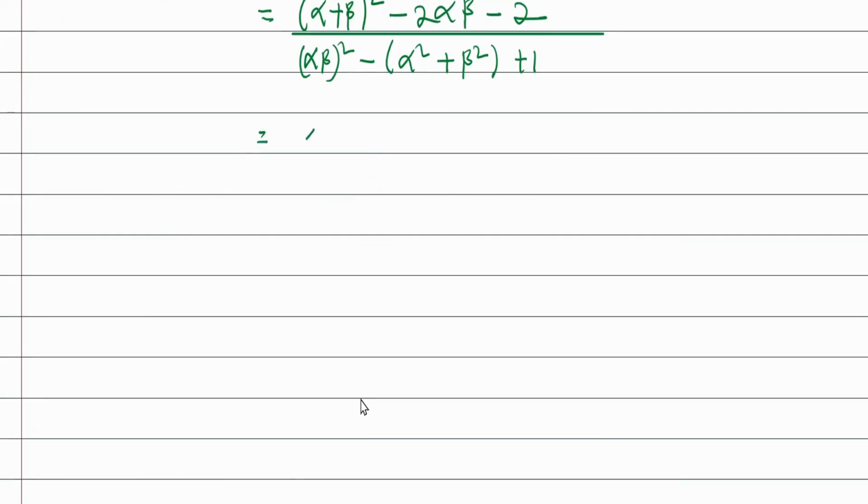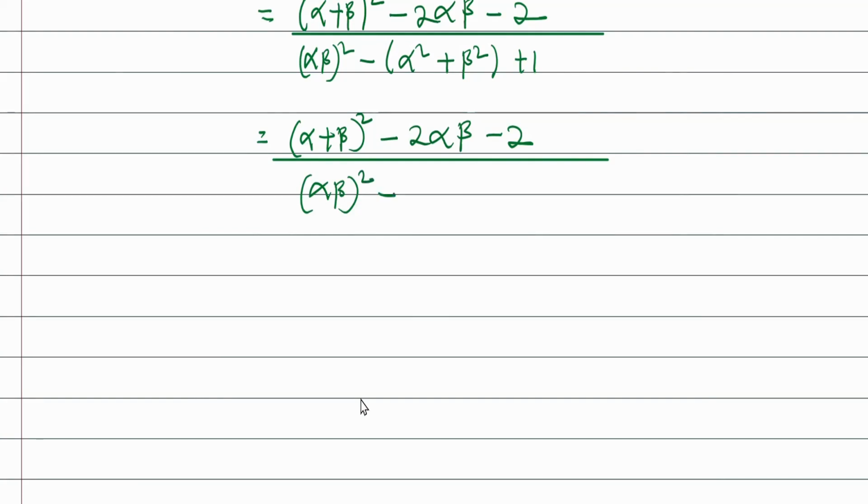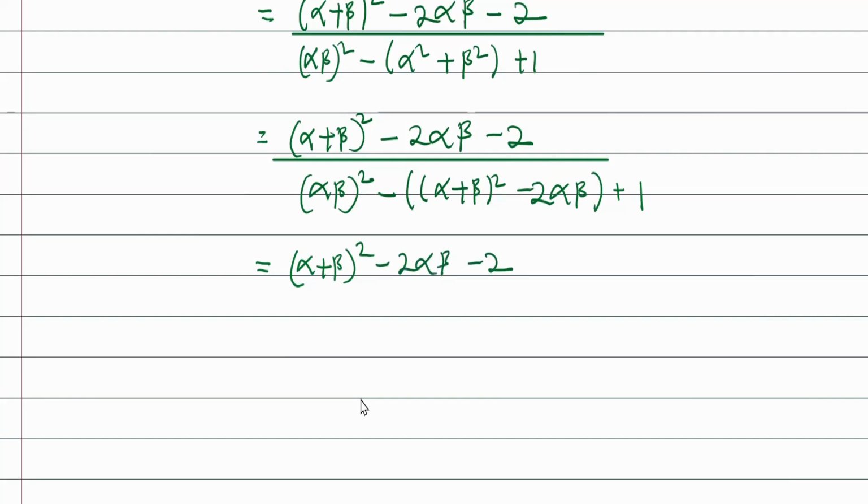So we are going to say that this is equal to alpha plus beta squared minus 2 alpha beta minus 2, divided by alpha beta squared, minus, so this is the same as alpha plus beta squared minus 2 alpha beta plus 1. So let's simplify. We have alpha plus beta, the whole of it squared, minus 2 alpha beta minus 2, divided by alpha multiplied by beta squared.